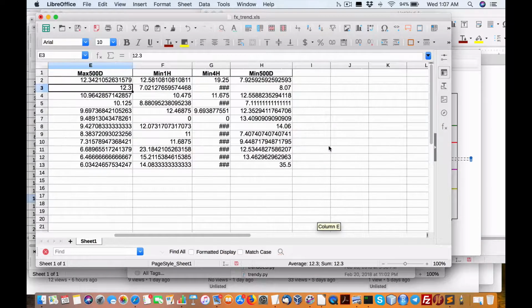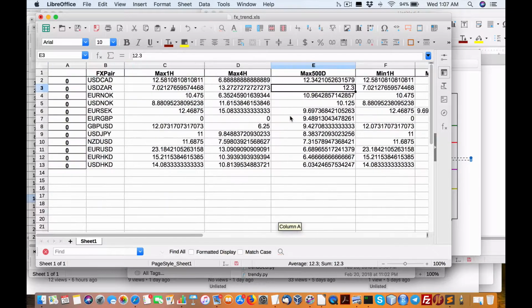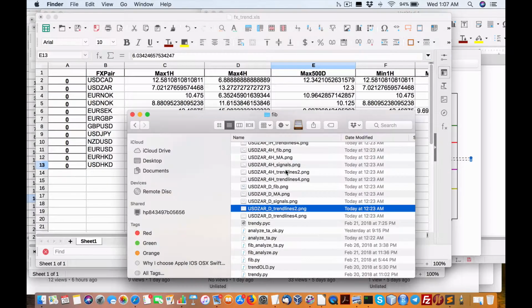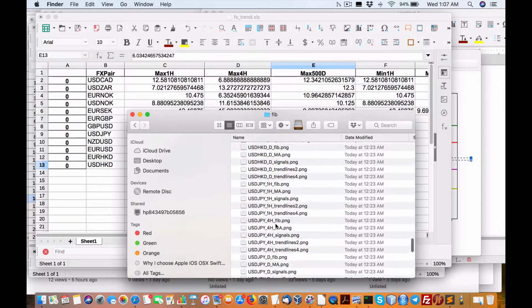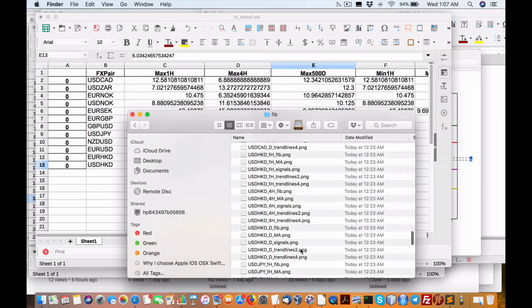Yeah, okay. So yeah, just see. This one might be what we're looking for, just make sure, USD Hong Kong dollar. Making sure I get these.